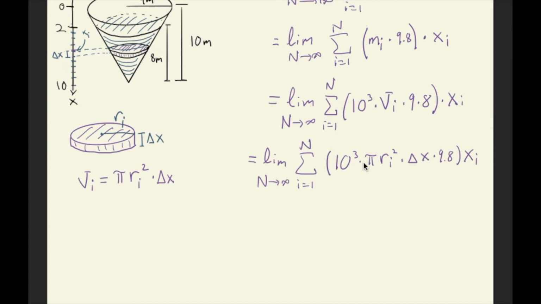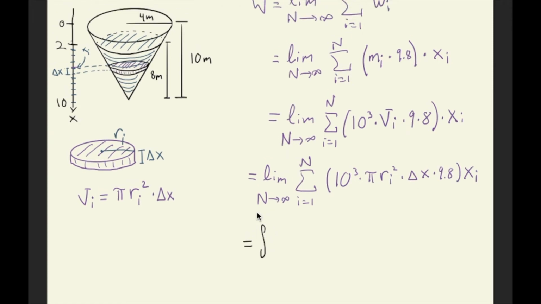You see you have this sum, the number of partitions is growing to infinity, and this delta x is going to go to 0. This is going to turn into an integral. The x values start at 2 and go all the way to 10.